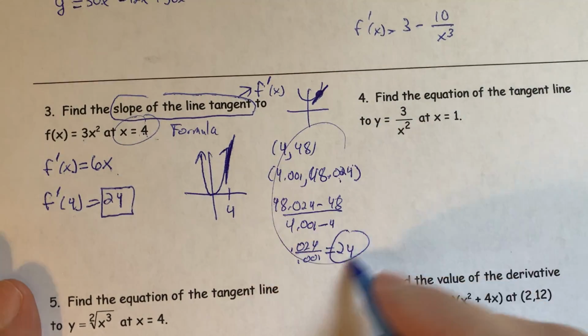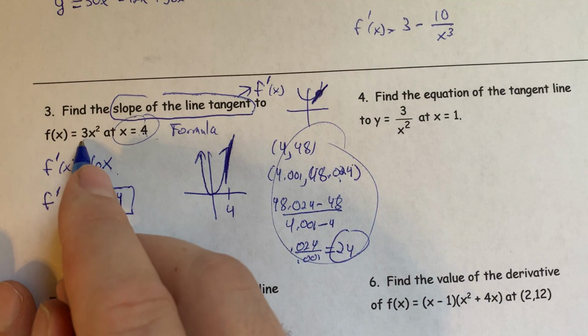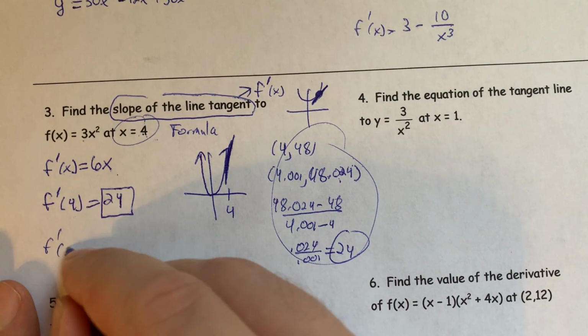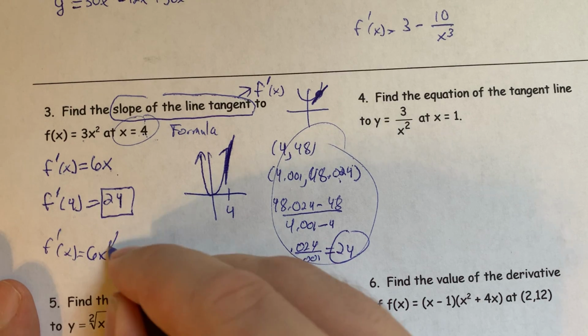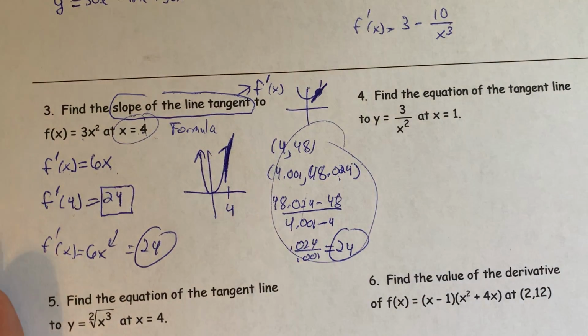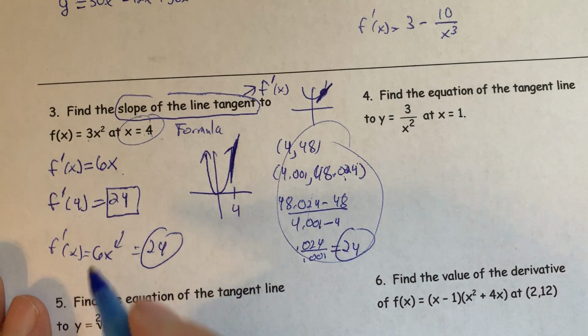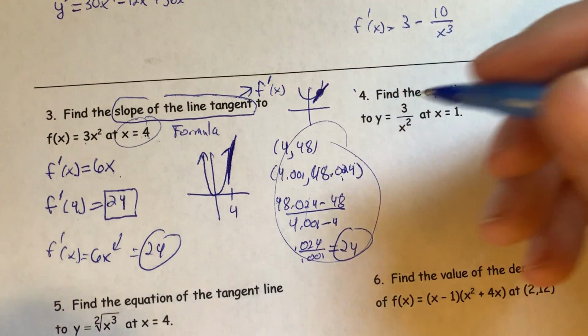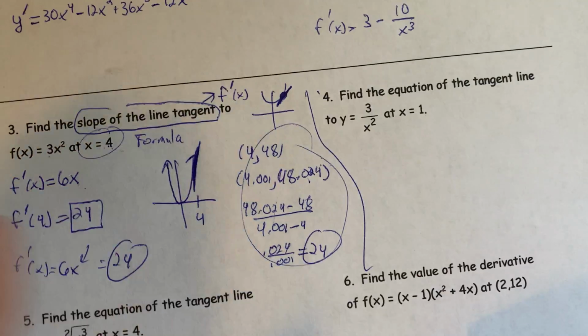And this is so much more work than just looking at it and being like, oh, the derivative formula is 6x, and you plug in 4 and you get 24. This takes so long and this is so fast. I hope you're really enjoying these new skills we have.